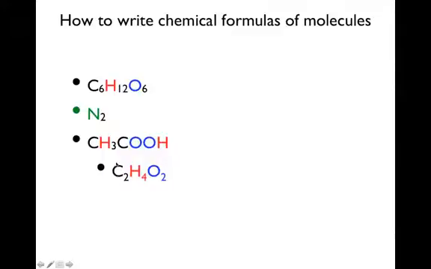This formula down here, even though it's correct and it's the formula for acetic acid, gives the informed reader less information about how the atoms are actually attached to each other. This formula up here is supposed to give the chemist who's been around the block for a while a little bit more information about how those atoms are attached to each other.